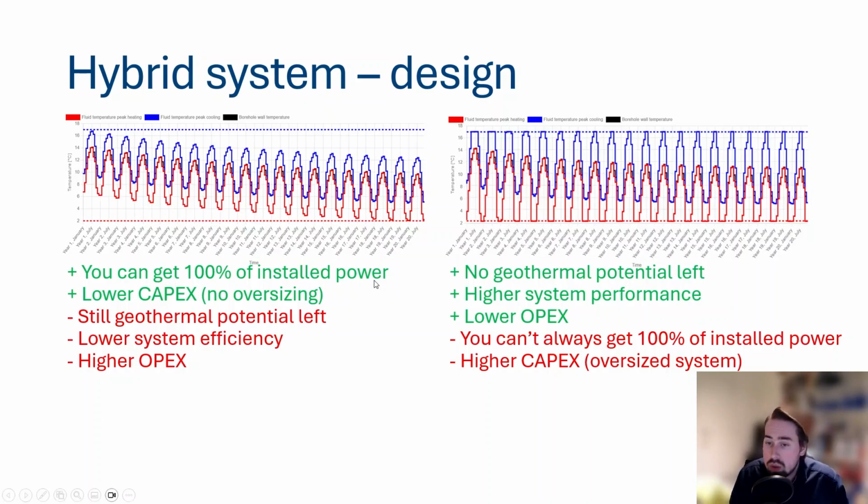Then we know that in the end we won't be able to get 300 kilowatts out of the ground. So we have to compensate for that with our hybrid system, so that in the end we end up with a total installed power that's higher than our building demand. We hence end up with a higher capital expense because our system is oversized.